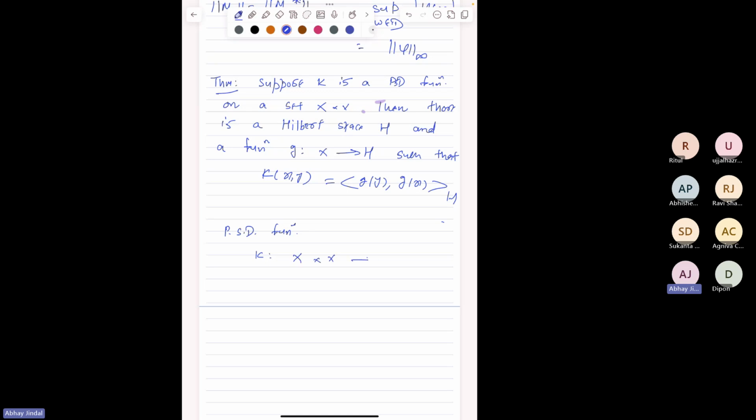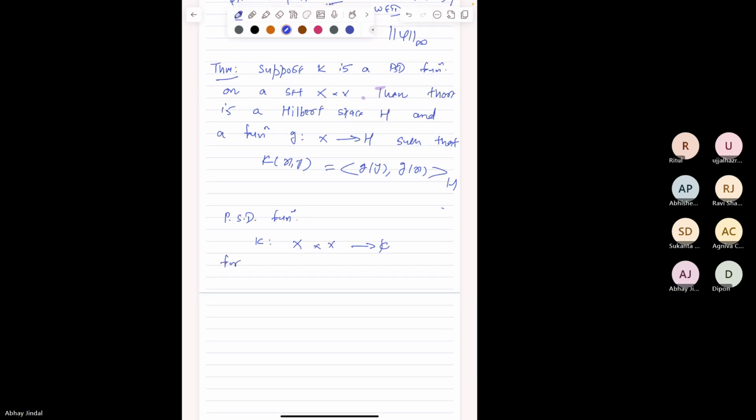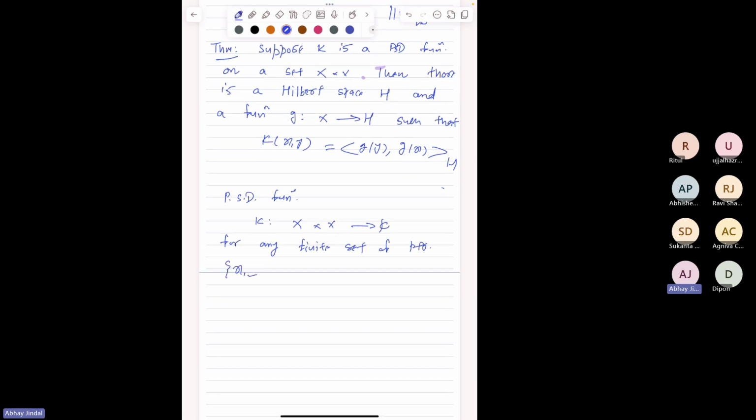K from X cross X to C is PSD if for any finite set of points x1, x2, ..., xn from X and any set of complex numbers c1, c2, ..., cn, we have the summation of ci bar cj K(xi, xj) to be positive.